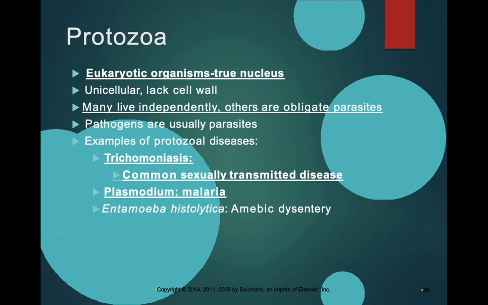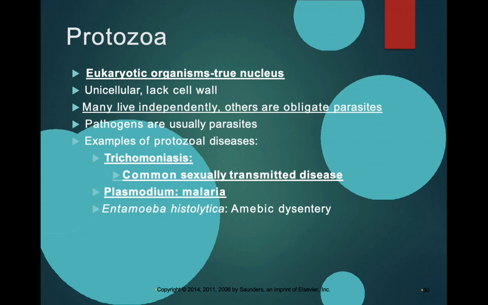Eukaryotic organisms, remember they have a true nucleus. They're unicellular. They lack a cell wall. Many live independently, and others are obligate parasites. Some examples would be trichomoniasis, a commonly sexually transmitted disease, or an STD.